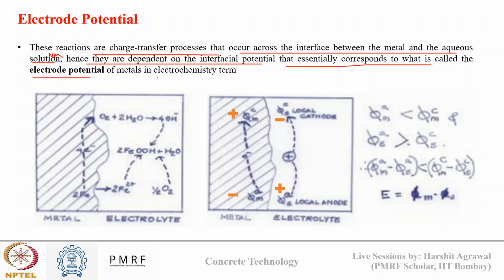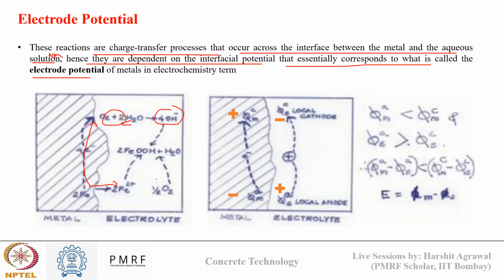Now what do we understand by the statement here? If you see the first figure, my iron is converting into Fe2 plus and it is leaving electrons behind. These electrons will move inside my metal to an adjacent site where oxygen from my non-metallic environment will consume these electrons in the presence of moisture to form hydroxide ions.